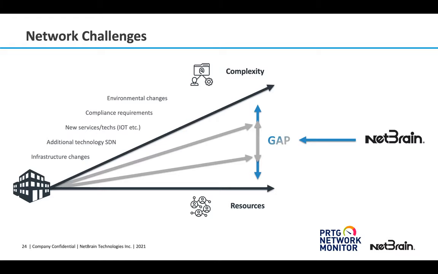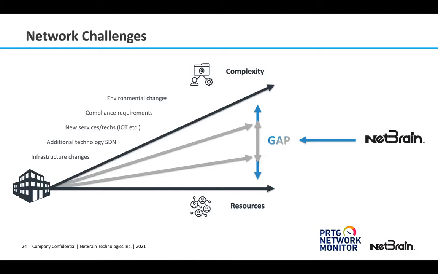Now, what we have are these very, very complicated environments, but they've actually got quite limited resources to deal with that complexity. Basically, what we have here is a resource gap, a gap between the complexity of what you're trying to achieve and the resources that you have at your disposal in order to realize that.